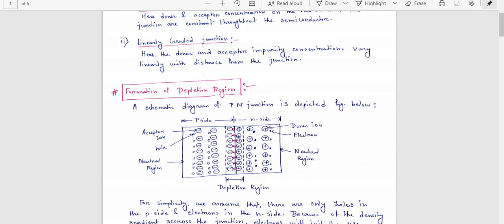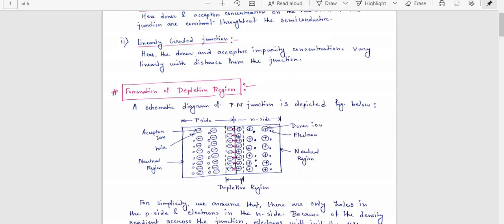The neighborhood of the junction is depleted of immobile charges, which is referred to as the depletion region, space charge region, or transition region, and the thickness of this region is about 0.5 micrometer.